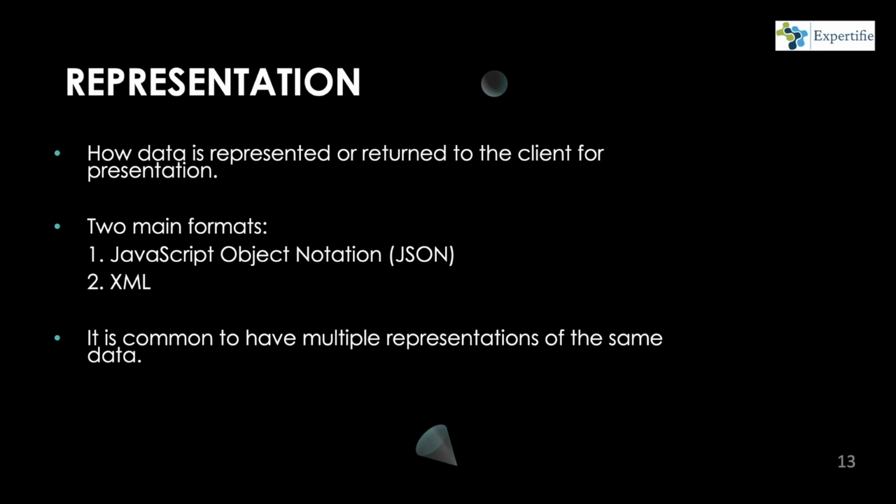So while we are developing a distributed system, we should have that flexibility. If a client asks for JSON, we should return JSON format data, and if a client asks for XML data, it should give XML data. So both requests should be served by the server to the client.